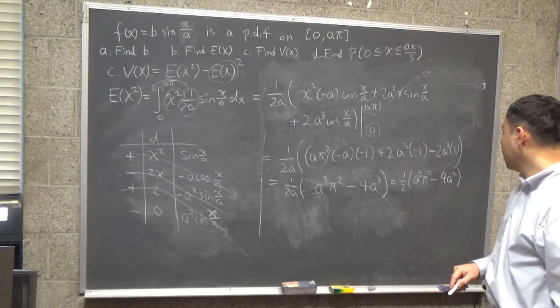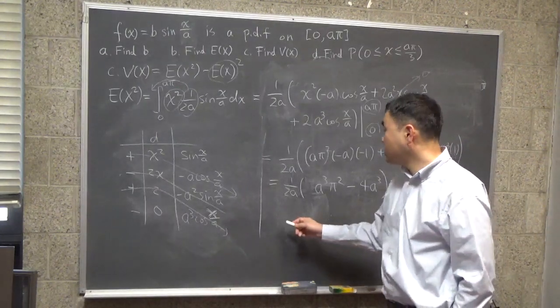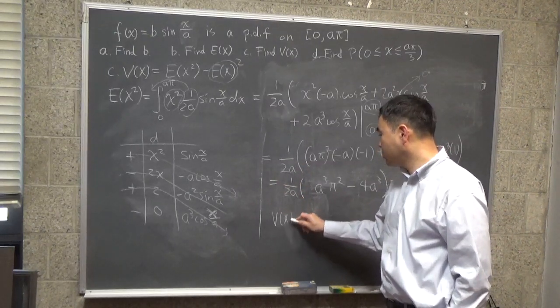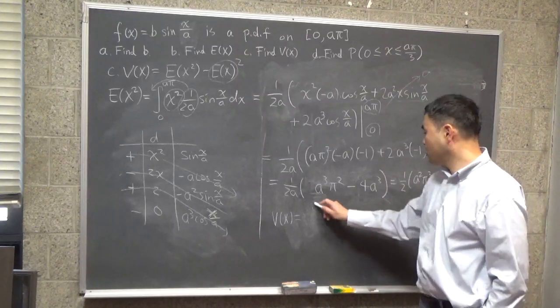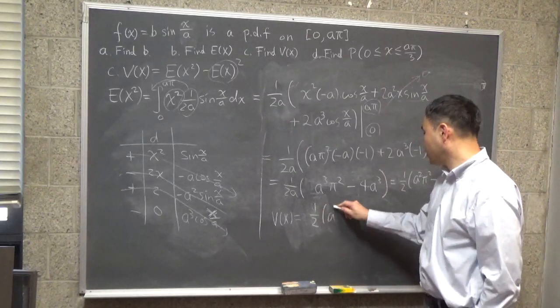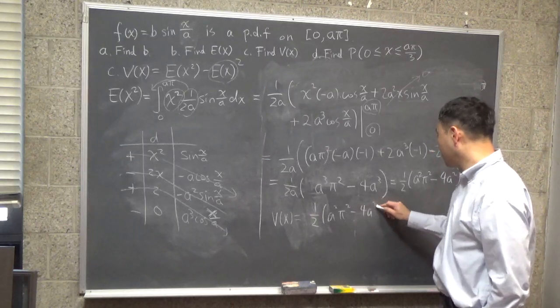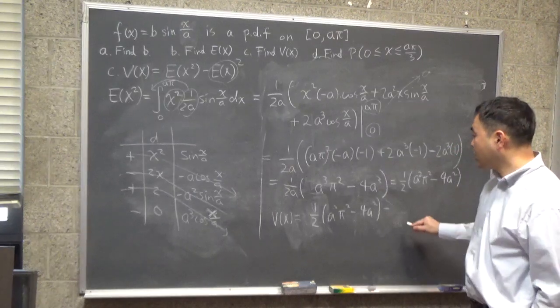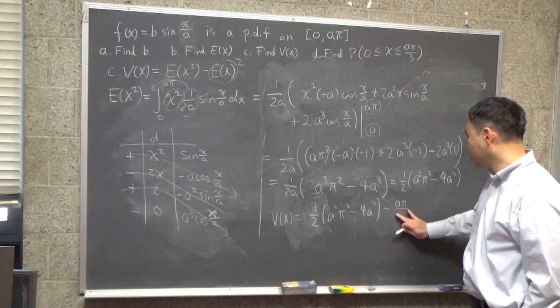Okay. Now finally, you can subtract E of X squared, so you're going to get V of X equal to 1/2 a squared pi squared minus 4a squared minus, it was a pi over 2 squared.